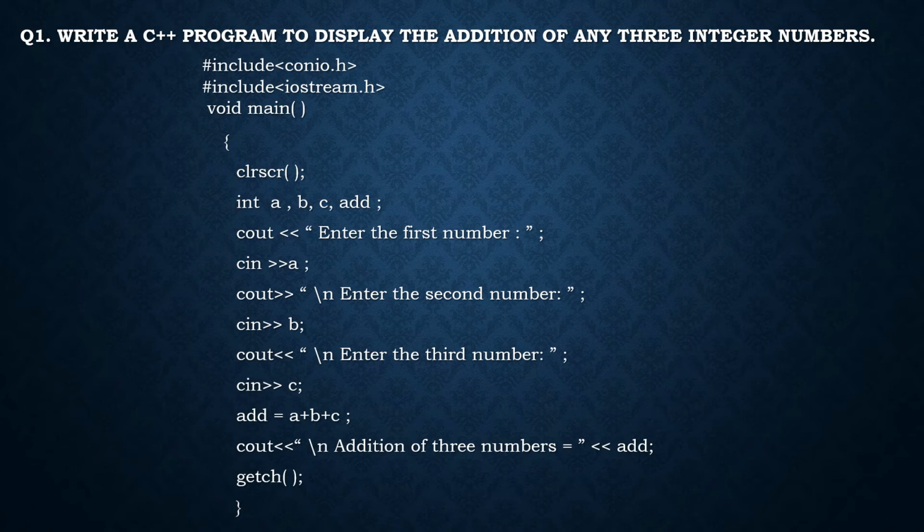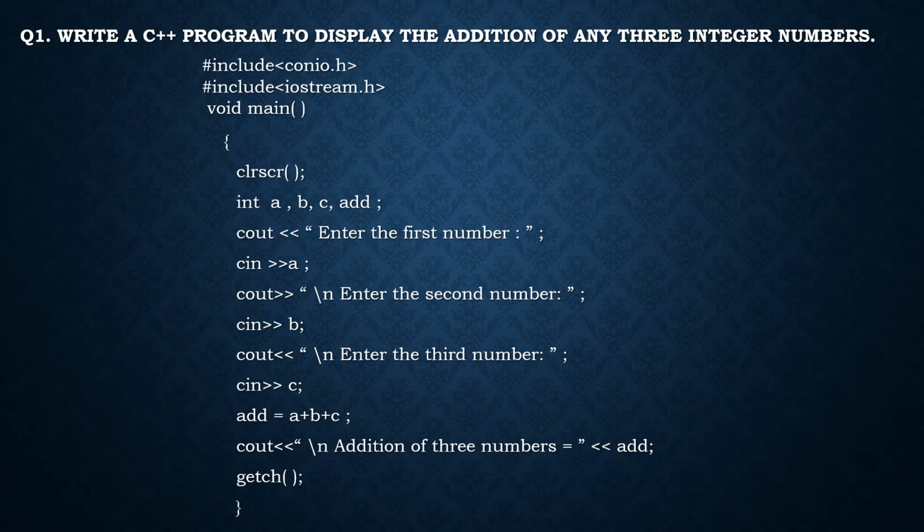When you write a generalized program, it is better to write the statements sequentially. So first we take the first number. You can write enter the first number, or print the first number, the statement is up to you. I have written cout enter the first number.